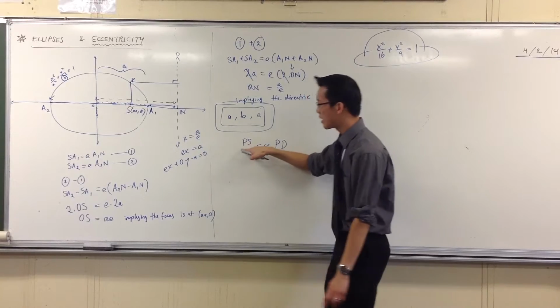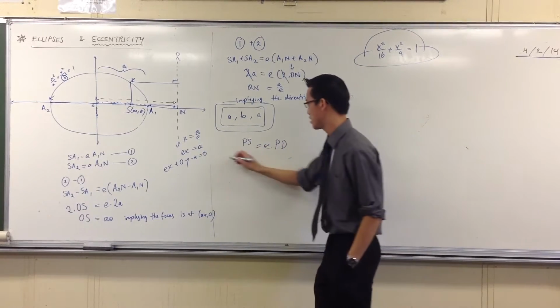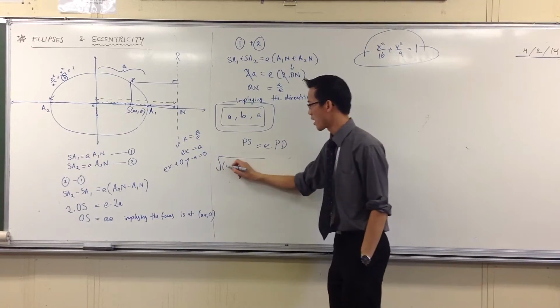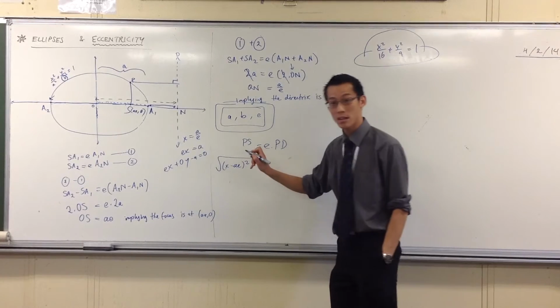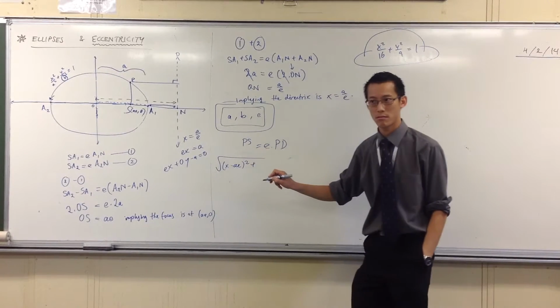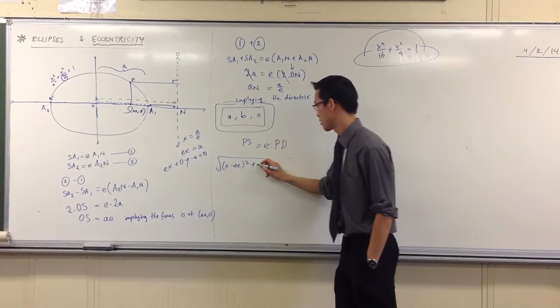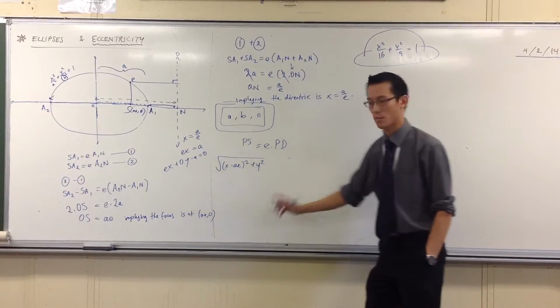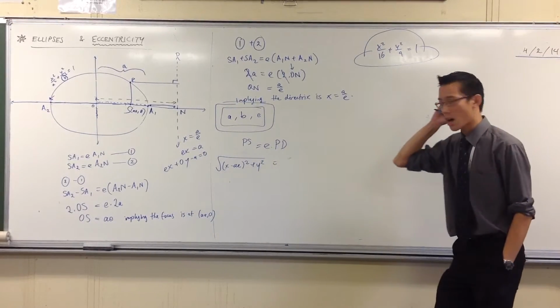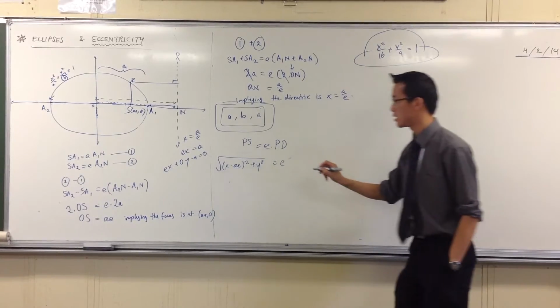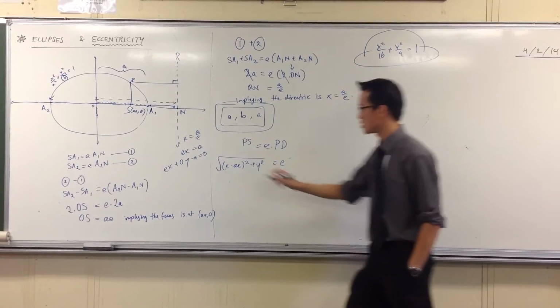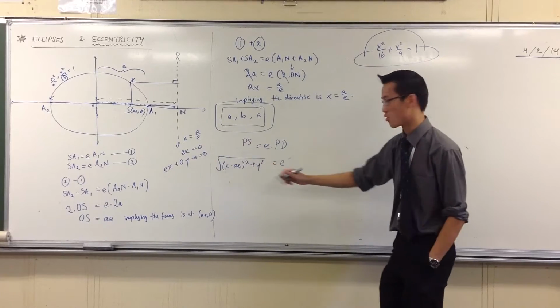So, from the point to s, which is this, okay, just the distance formula, right? So x minus ae squared plus what? Just y squared, isn't it? Because you're going to there. Okay, no problems. Right-hand side, there's the eccentricity. What's the perpendicular distance? This is why I wrote it out in general form with the 0 and everything.